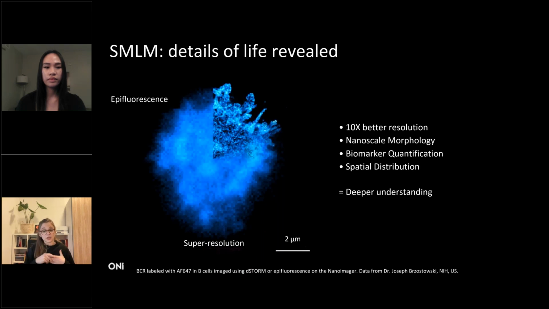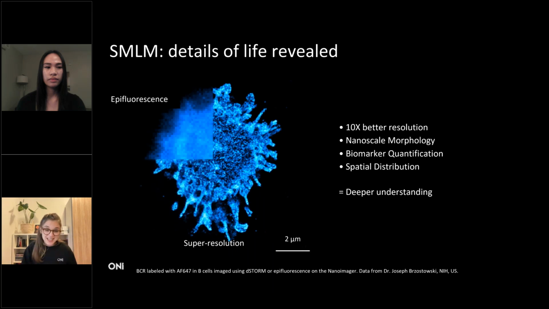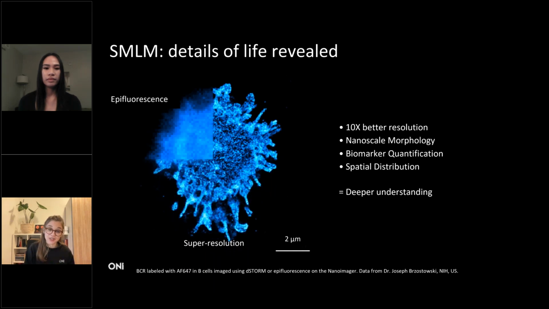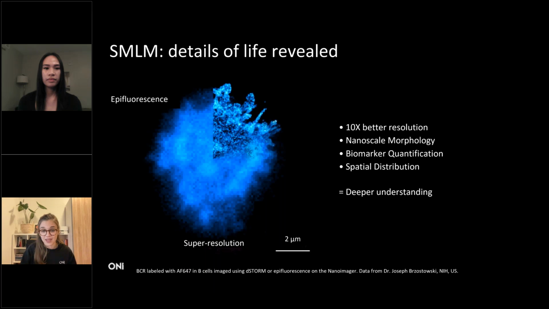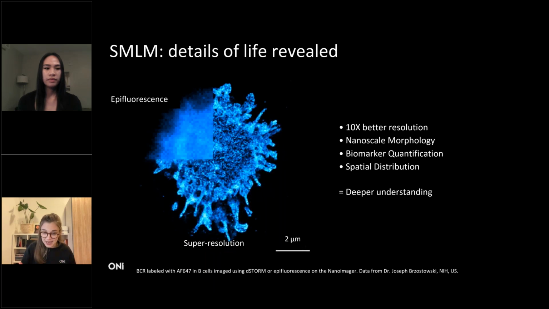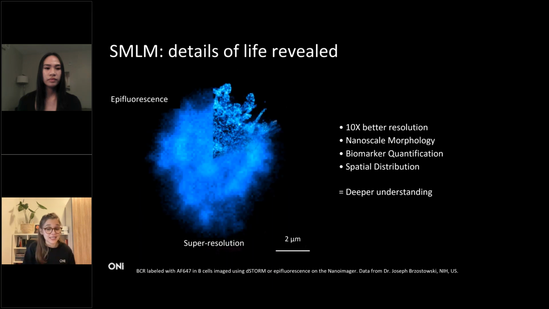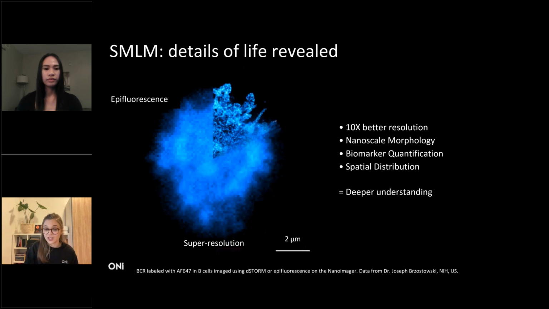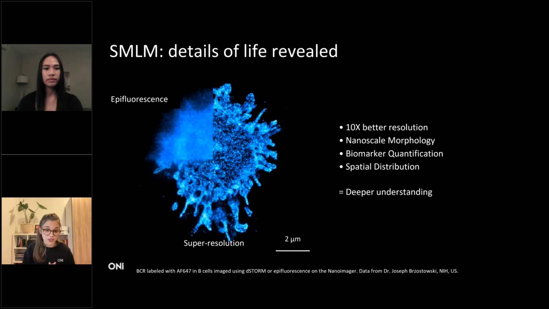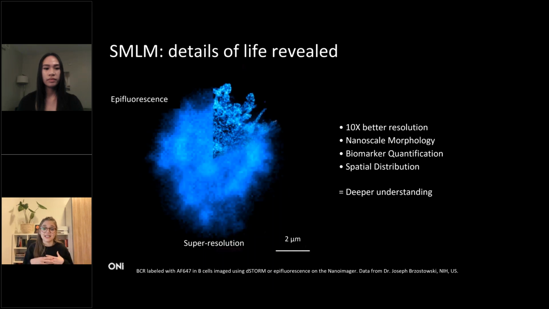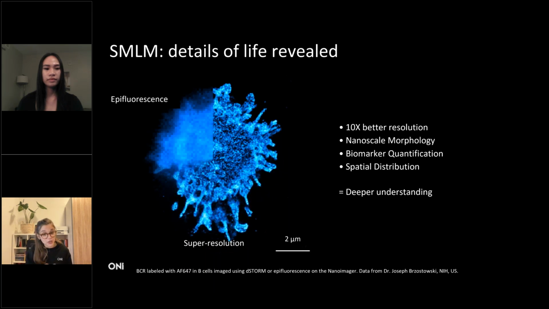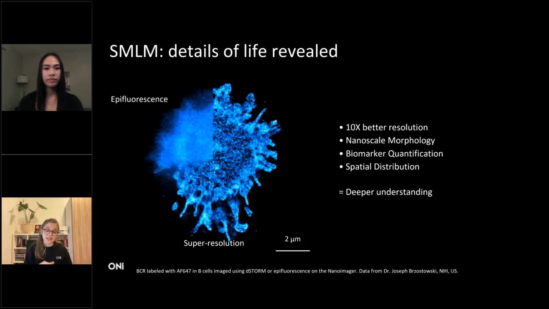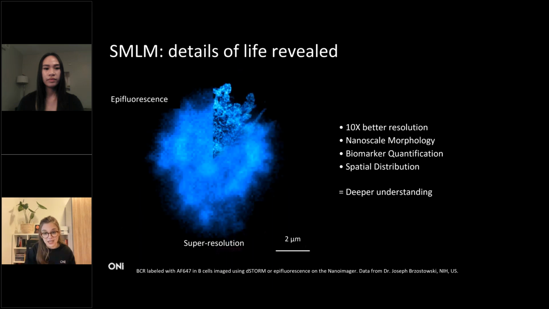This is where single molecule localization microscopy comes in, because in essence, it gives you a 10 times better resolution compared to standard fluorescence microscopy. And this is just a number, 10 times, but how impactful it is you see with this image comparison, where with the super resolution technique, you can start seeing the outline, these nice protrusions of the cell, and you can start seeing the nanoscale spatial distribution of these receptors, with the receptors having a lot of signal at the outside and a little bit less in the middle of the cell.